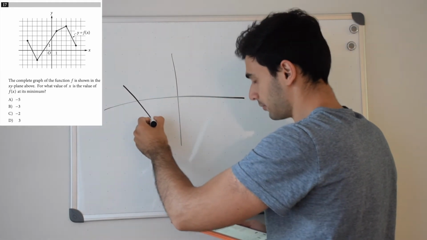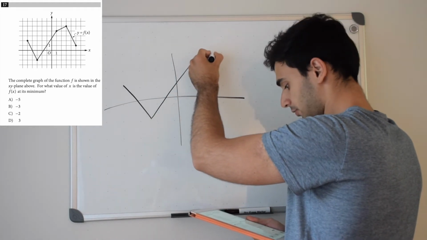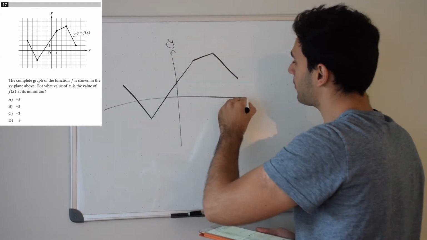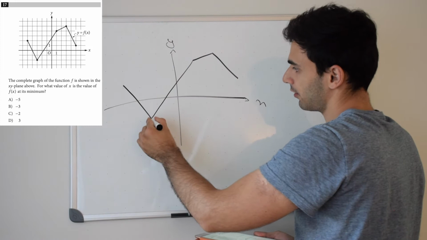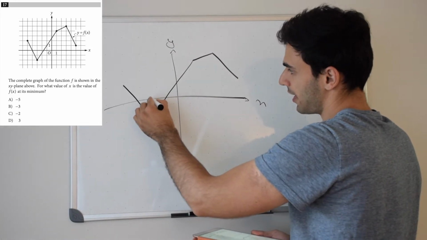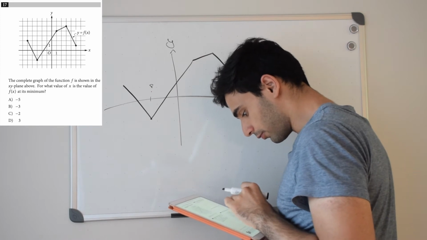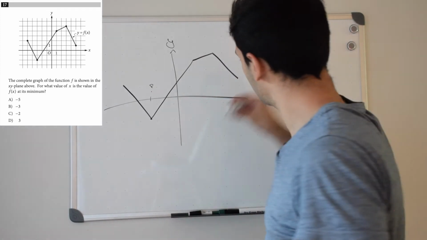It comes down here, goes up here, goes like this, and goes down. Here is the minimum, right? When we say minimum, we are talking about minimum compared to y. What is the x? So we want this. What is this one? 1, 2, 3, minus 3. So the answer is B.